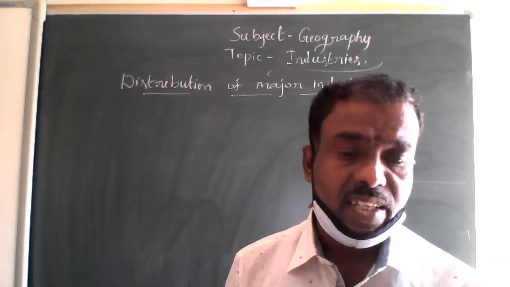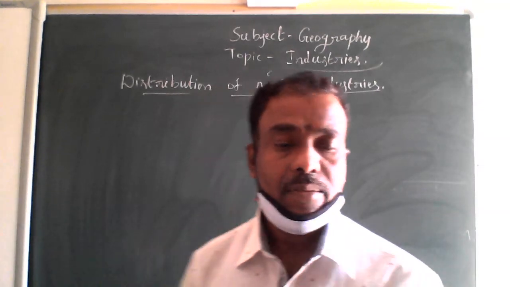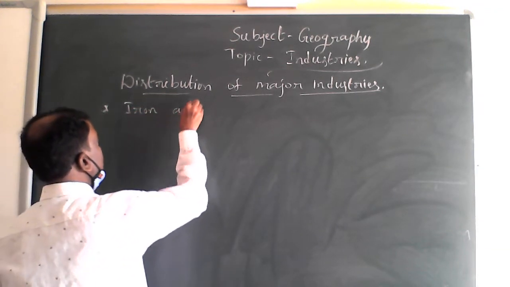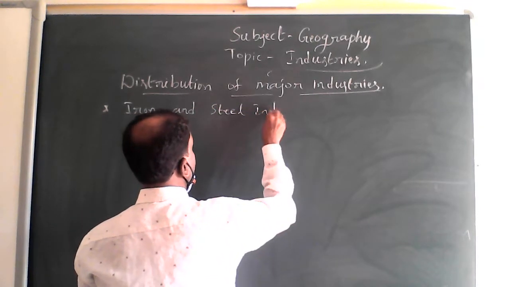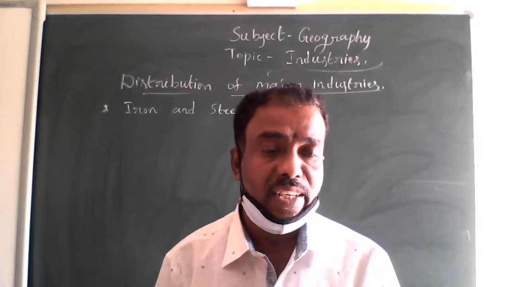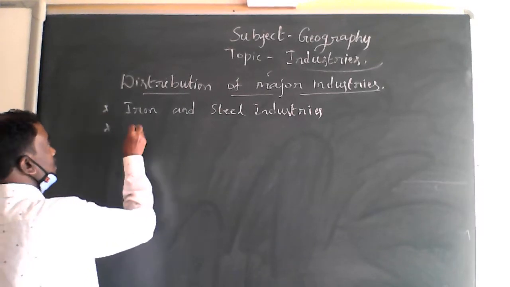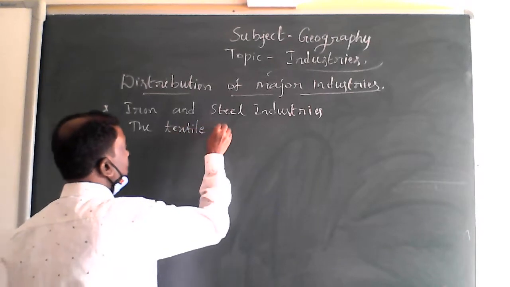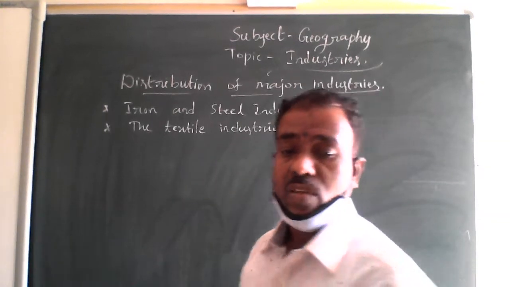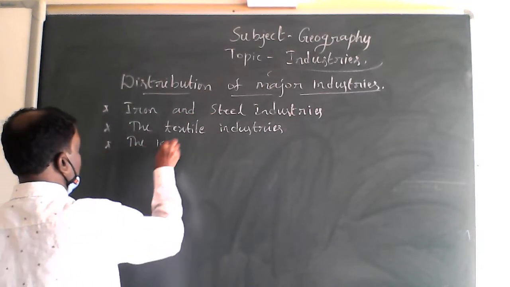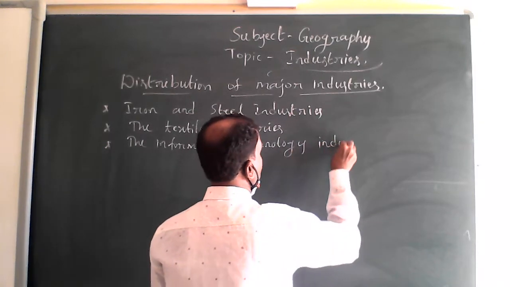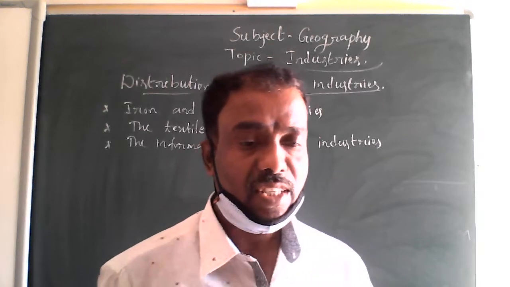See, the world's major industries are the iron and steel industry, the textile industry, and the information technology industry.